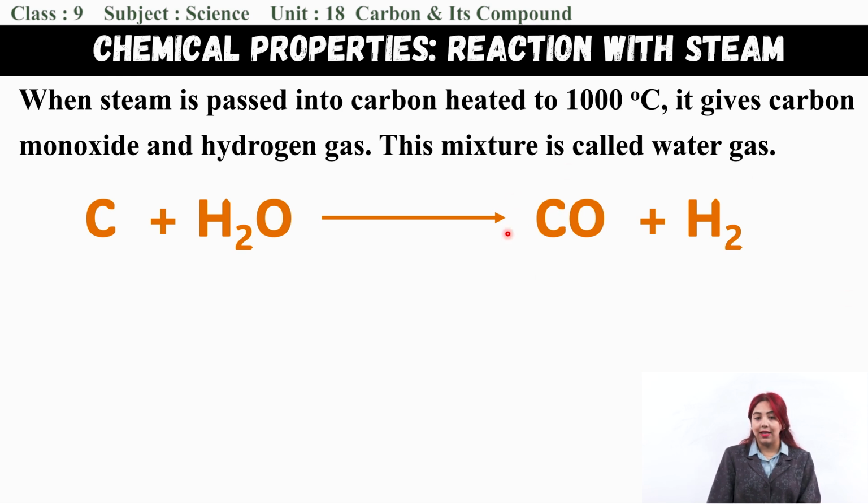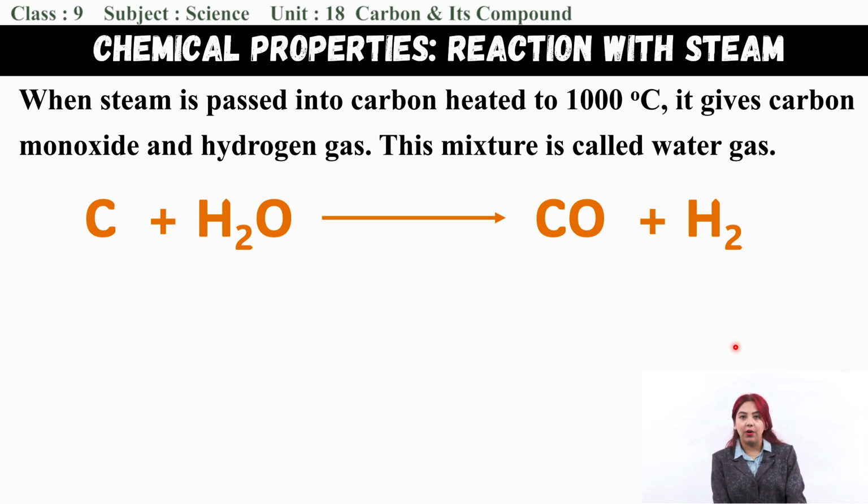Now these 2 gases are collectively known as water gas. Now this water gas is also used to make fuel gas, and fuel gas is something that acts as a source of energy, and it can also be transferred through pipelines. So water gas is very important in the industries.